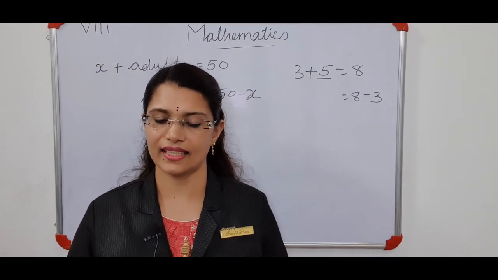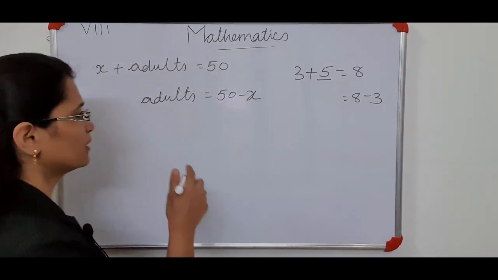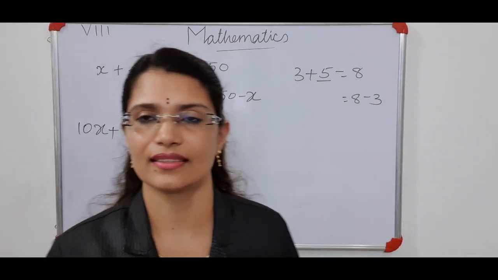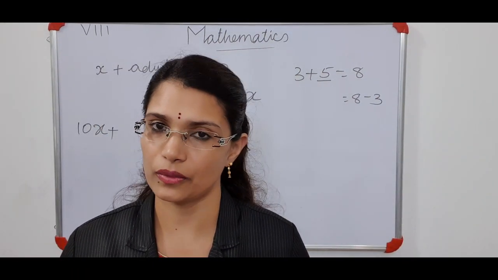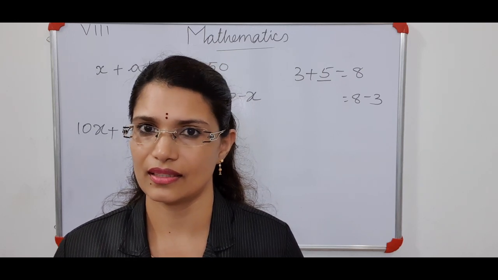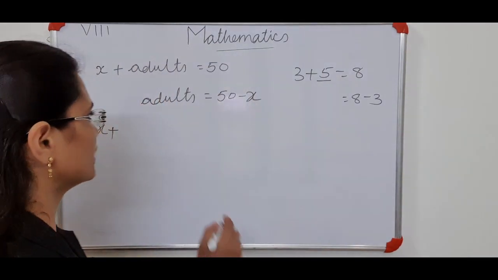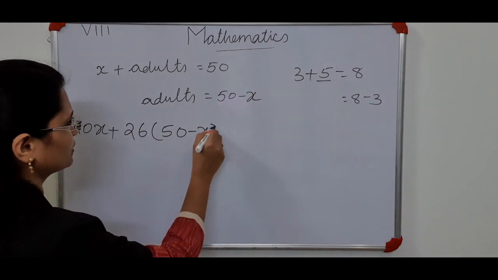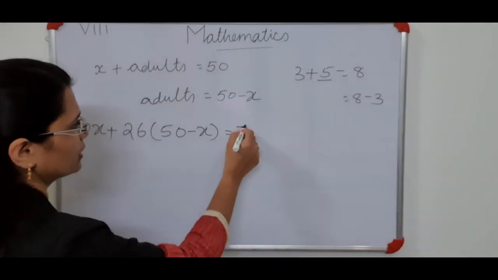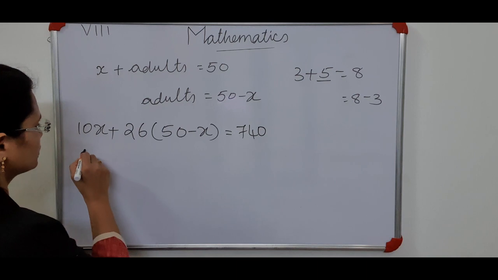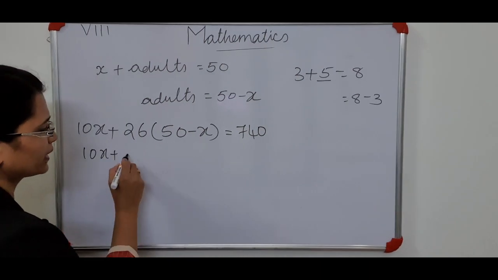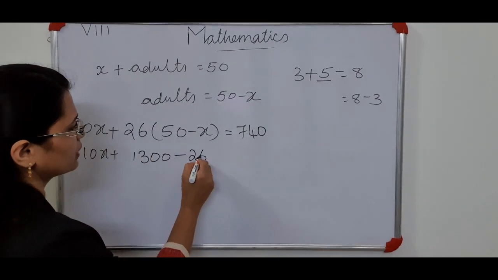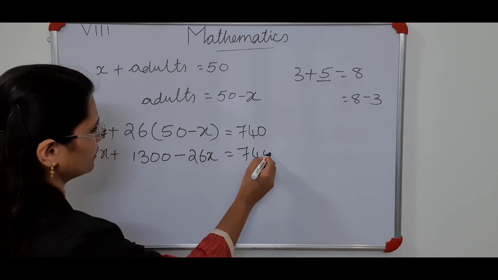x children at the rate of 10 rupees is equal to 10x, plus number of adults 50 minus x, and how much rupees for an adult? 26. So, 26 into 50 minus x. How much is the total? 740. So, 10x plus, open this bracket, 26 into 50 is 1300, minus 26 into x, minus 26x, is equal to 740.